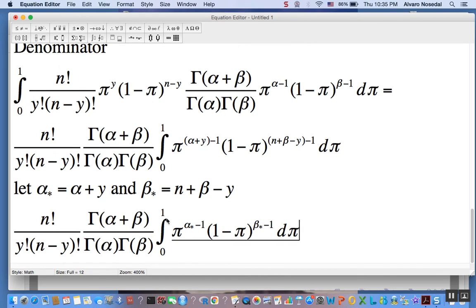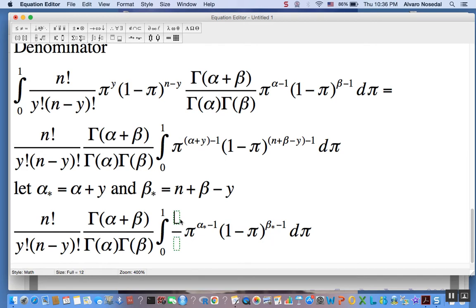So we would like to find that integral, and we realize that the kernel, meaning the functional form except for the constant that would make it a legit PDF, looks like the kernel of a beta distribution. So what we're going to be doing here is multiply by the constant that would yield a legit beta, right?